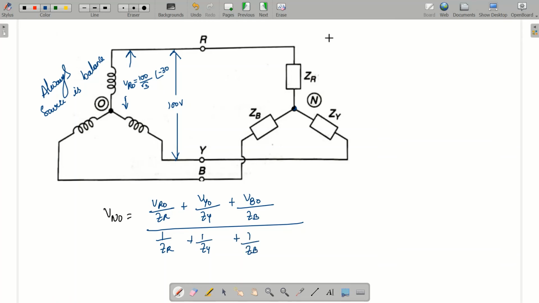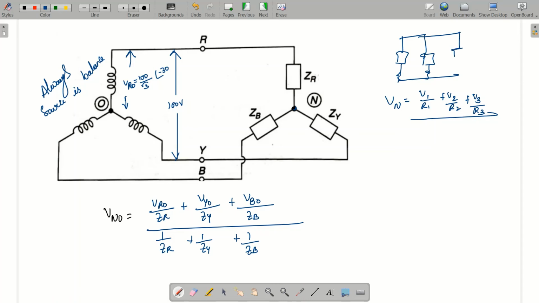This is similar to Millman's theorem, which we study in circuit theory. If n voltages with internal resistance R are connected in parallel, then the equivalent voltage will be V1 by R1 plus V2 by R2 plus V3 by R3, and so on up to Vn by Rn, divided by 1 by R1 plus 1 by R2 plus 1 by R3 and so on. In this way we convert, right?